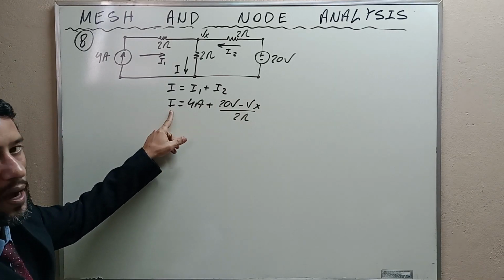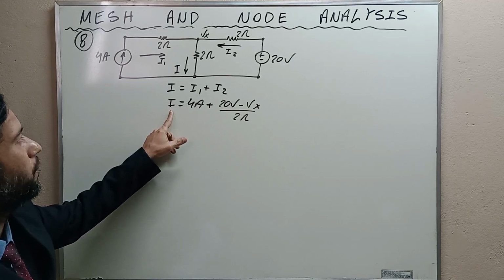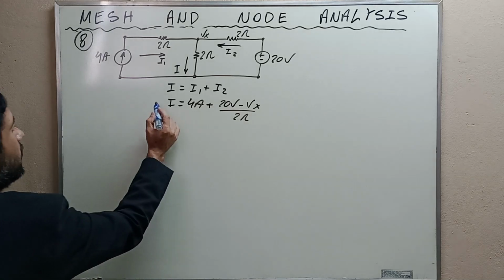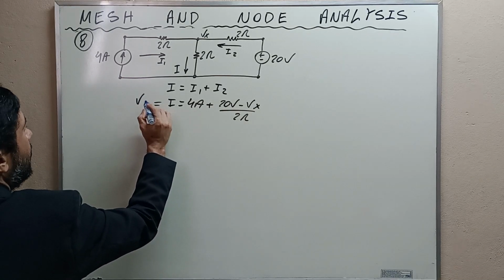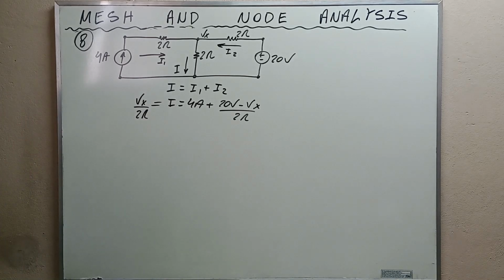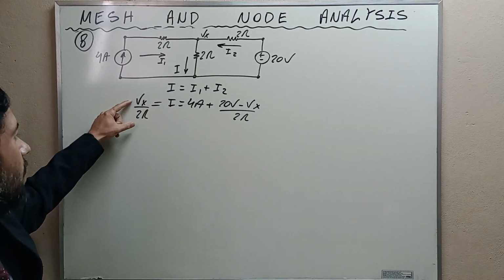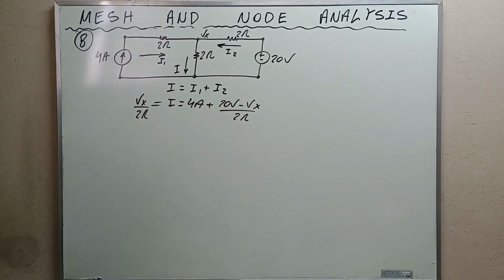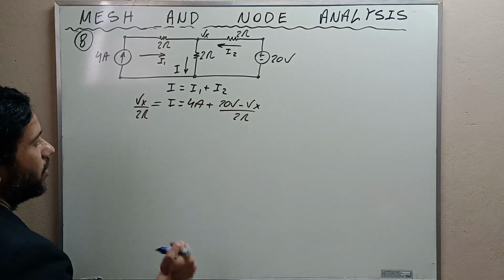Let's write I in terms of this voltage and this resistance. It is going to be Vx divided by 2 ohms. Now we have only one variable. We have Vx here and Vx here, okay?